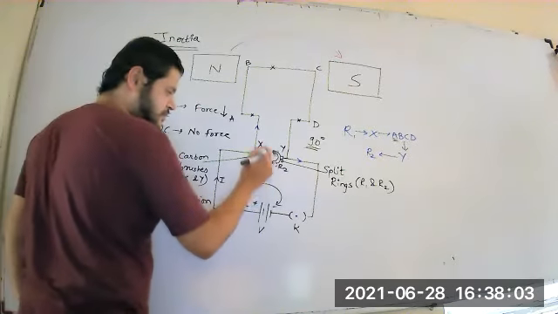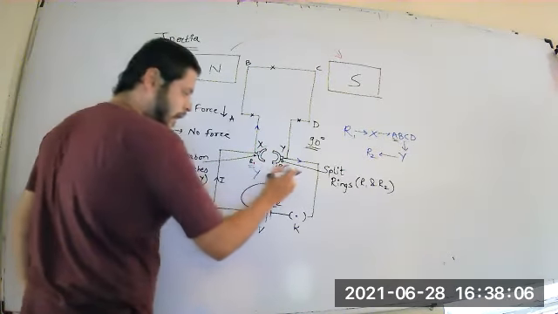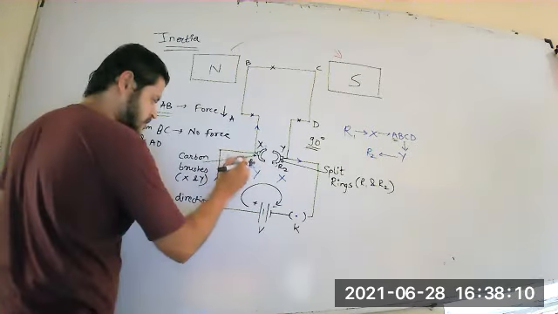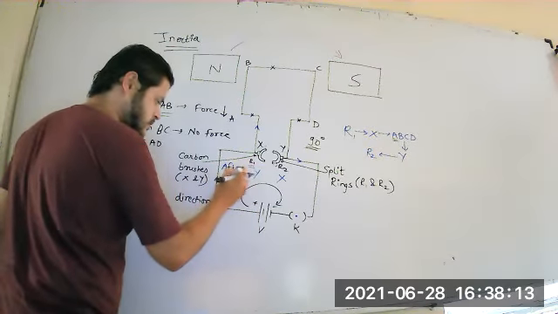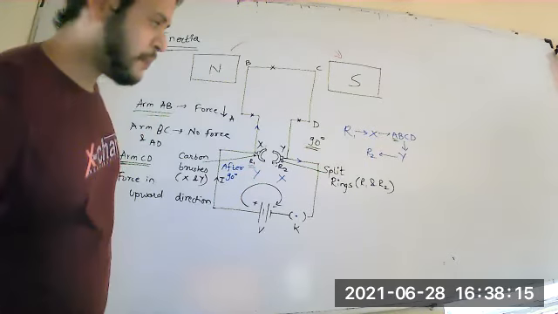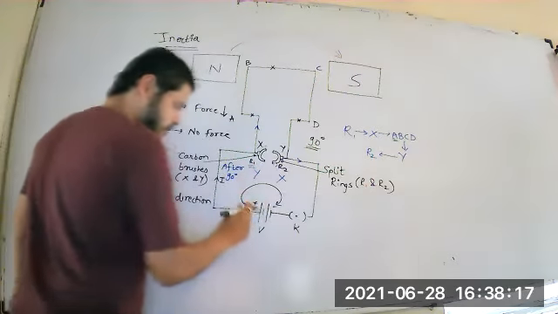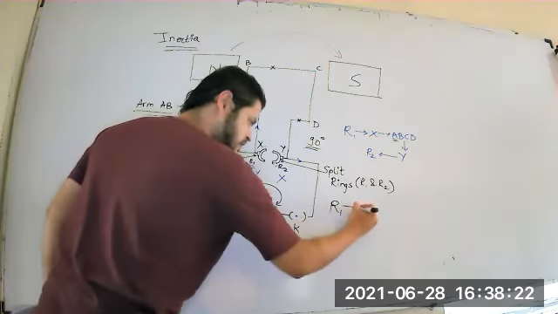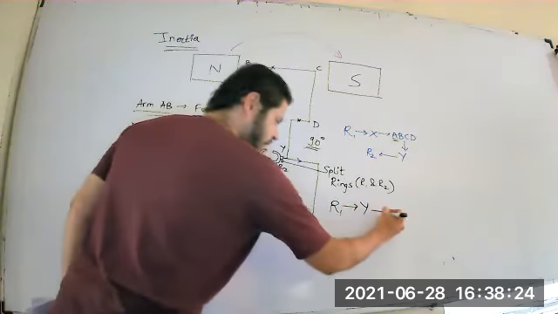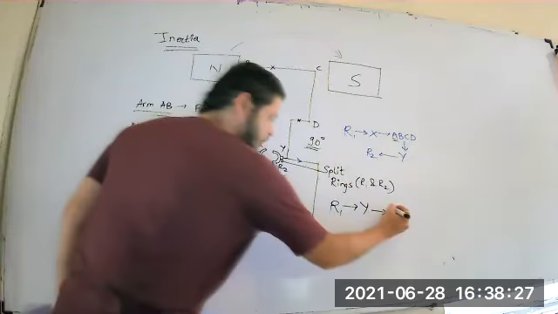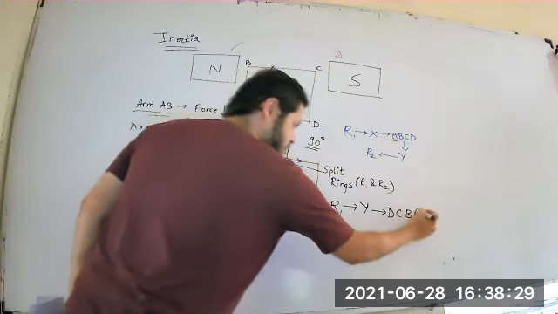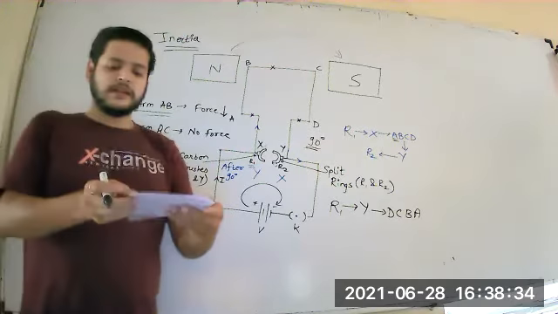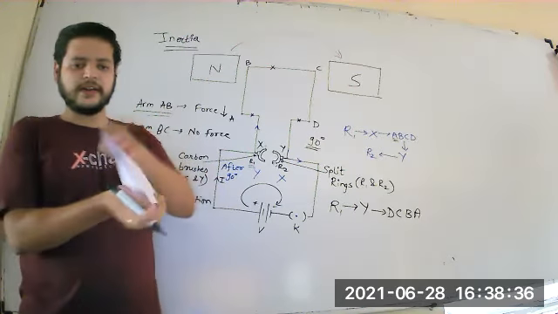Let me explain after 90 degrees: this is Y and this is X. So what will be the path of the current? The current will still be flowing from R1 to Y, and now here, what will happen? DCBA, because the coil has turned 180 degrees: 0 degree, 90, 180.